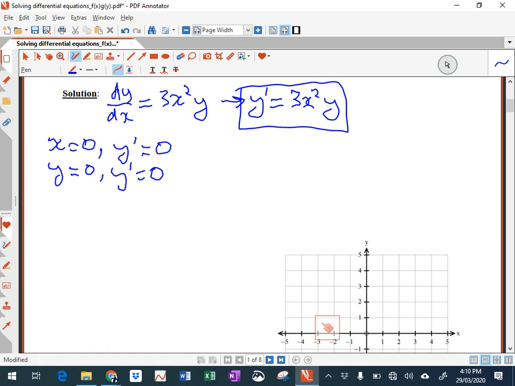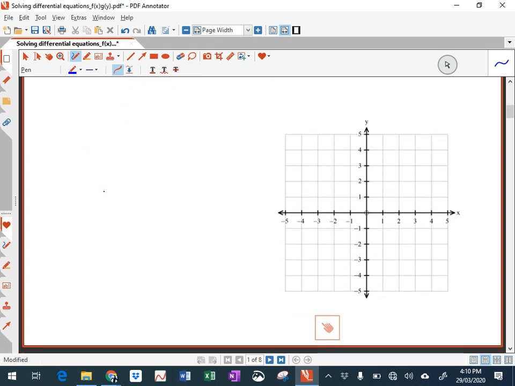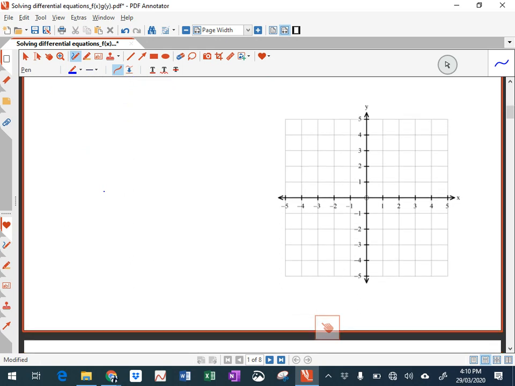So the first thing to do would then be to go to your number plane and sketch what we've done there. So at y equals 0, the derivative is 0. So that means all along the x-axis, derivative is 0. But also when x equals 0, the derivative is 0. So you're going to sketch horizontal lines all along the y-axis here. Okay, that's that part done.